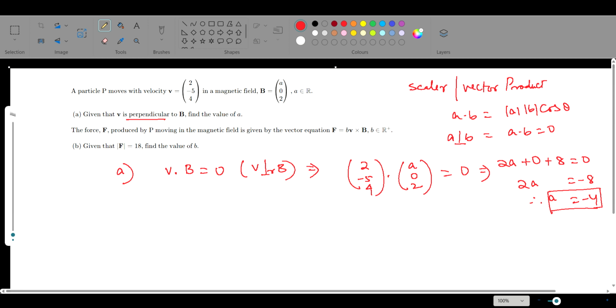Next part, the force F produced by P moving in the magnetic field is given by the vector equation. The force is bV cross B, and b belongs to positive real numbers, and we are looking for the value of b.